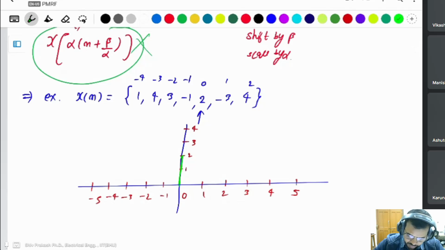Then you can check, at 1 the signal is minus 3. At the second position, this is a positive signal of 4. At minus 1 position, the signal value is minus 1. At minus 2 position, the signal value is 3. At minus 3 position the value is 4. At minus 4 position the value is 1. The signal looks like that.